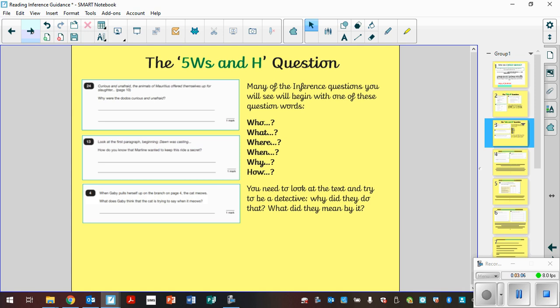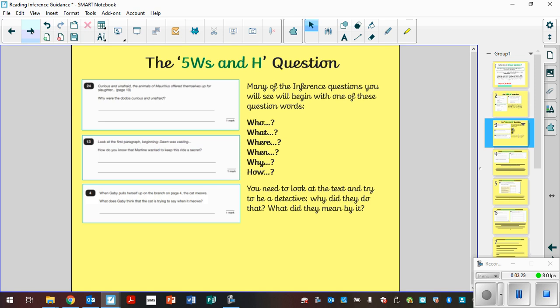The next type of questions are the W's and the H questions. Many inference questions begin with one of these types of question words: who, what, where, when, why, how. You need to look at the text and try to be that detective. Why did they do that? What did they mean by it? And it's not going to tell you in the text.